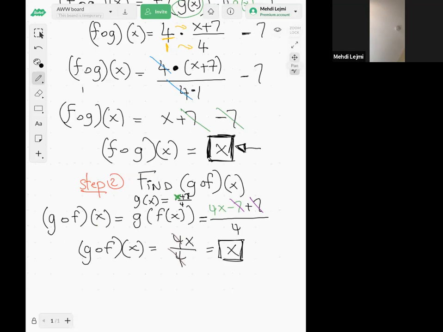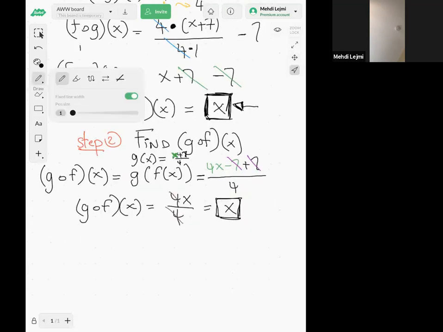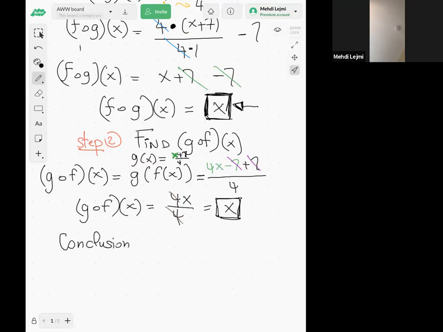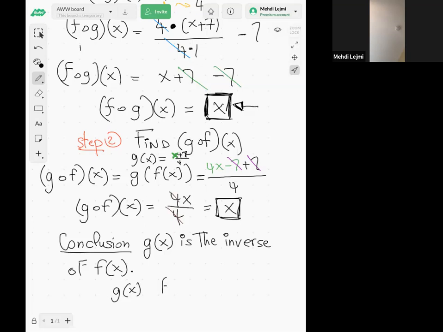So the conclusion is that this g of x is the inverse of f of x. So this g of x is f to the power of -1, which is (x + 7)/4. That's my g, which is the inverse of f.